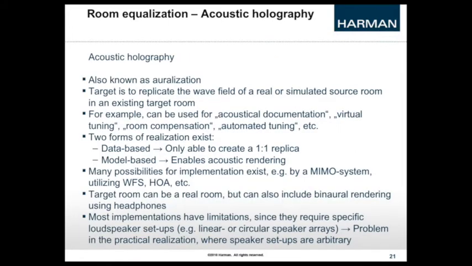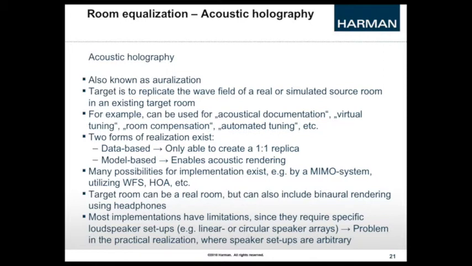Acoustic holography is also known as auralization. The target is to replicate wave fields in a real room. This replication can be based on a recording in yet another room, the source room, or, most of the time in terms of wave field synthesis, it is based on simulation.